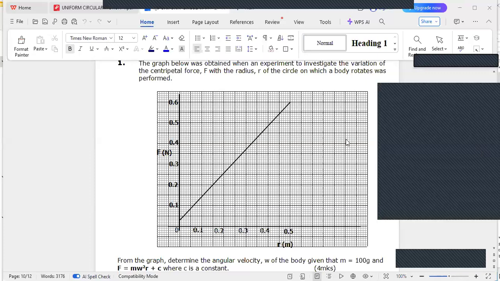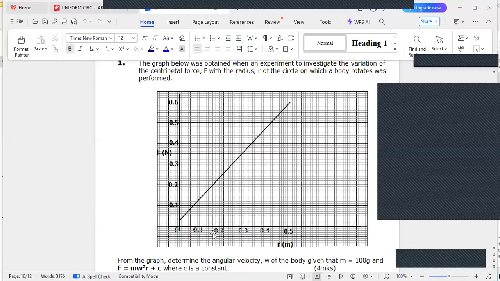Yes, Victor? 0.2 and 0.2 do not match. Oh, wait, let me see. Oh, okay. Yeah, I've noted that. Let me change. We have two boxes representing 0.1.